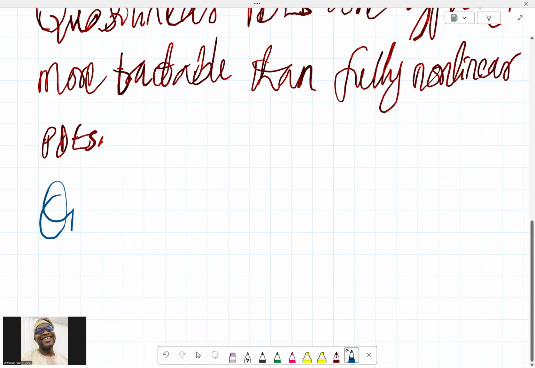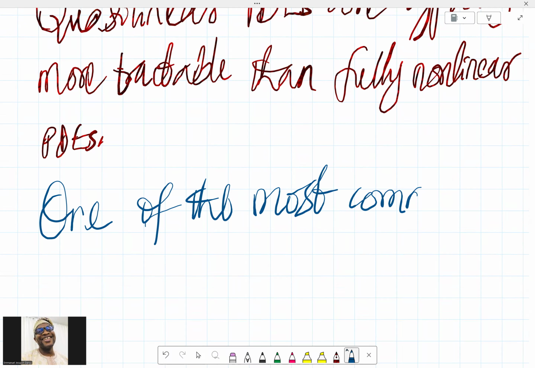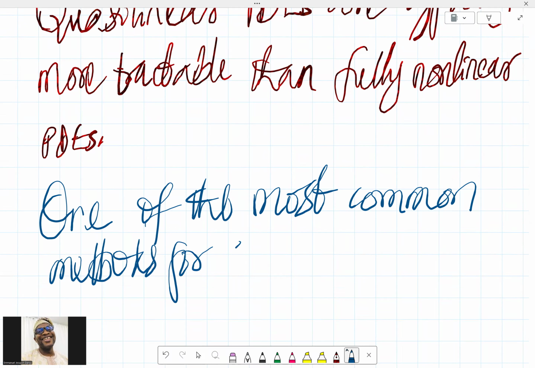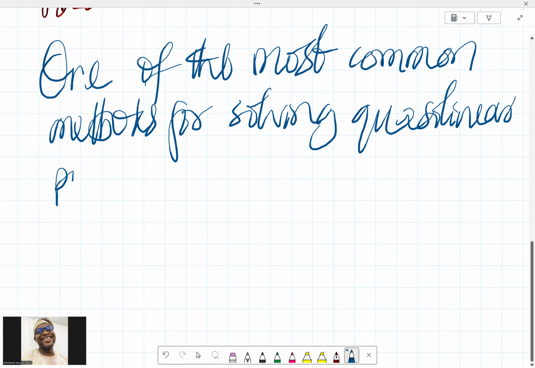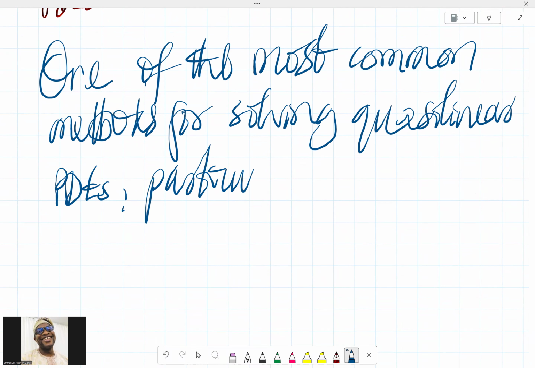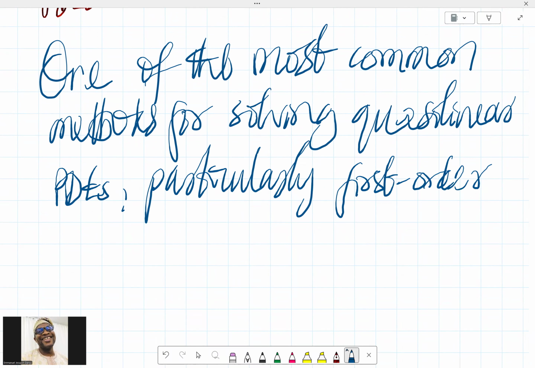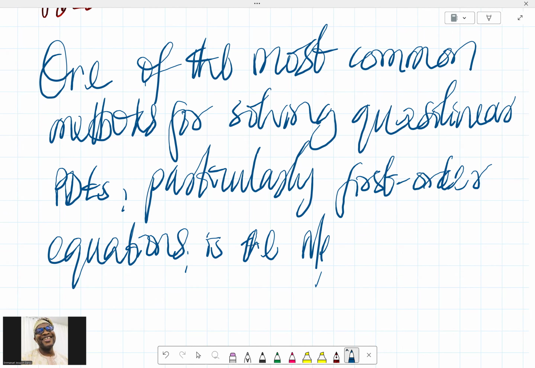One of the most common methods for solving quasi-linear PDEs, particularly first order equations, is the method of characteristics.